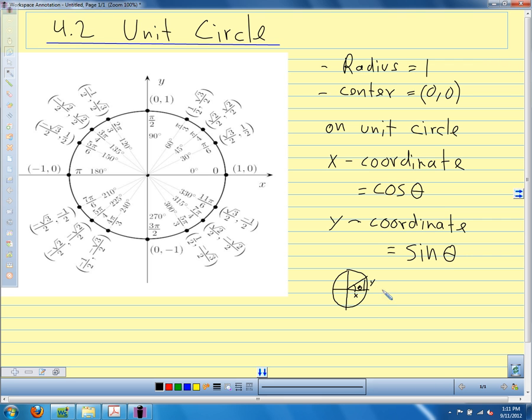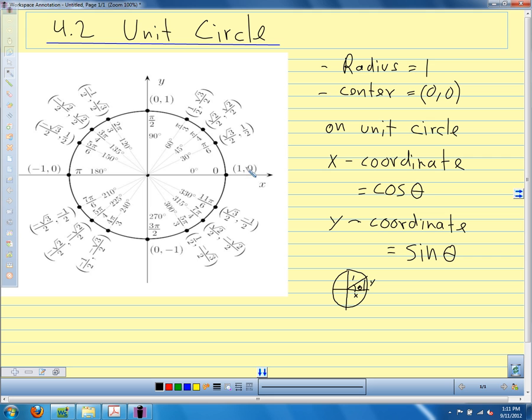So the sides of those triangles are the x-coordinate and the y-coordinate. My radius is 1, so my sine and cosine just come from the y-coordinate and the x-coordinate. That's really the benefit of the unit circle, that it gives us a way to find the sine and cosine of an angle easily. We're going to extend that today, but this is really the foundation of the unit circle.